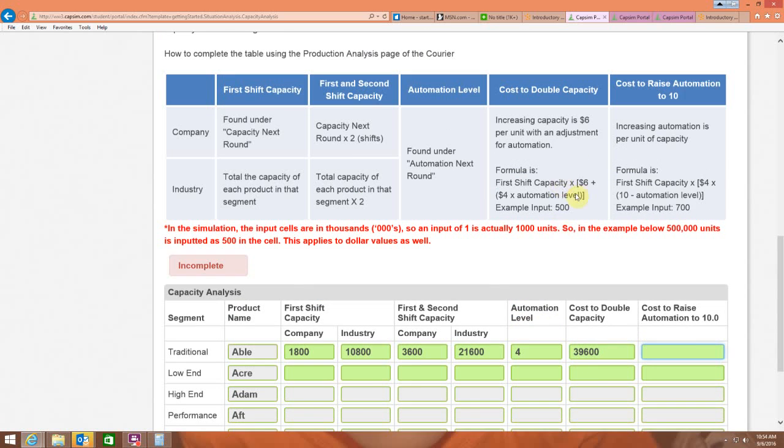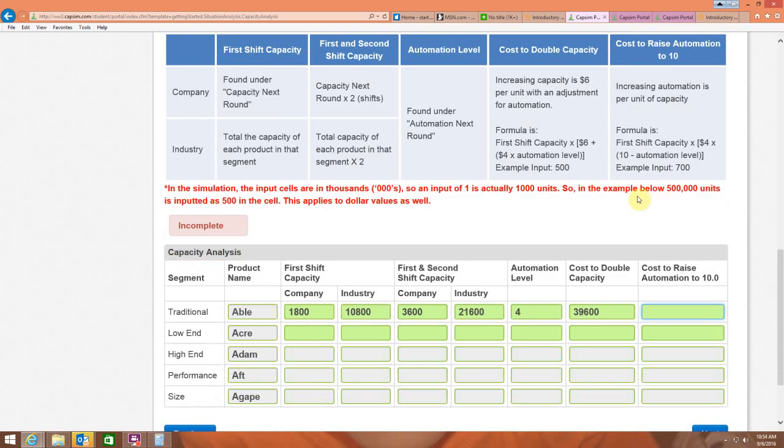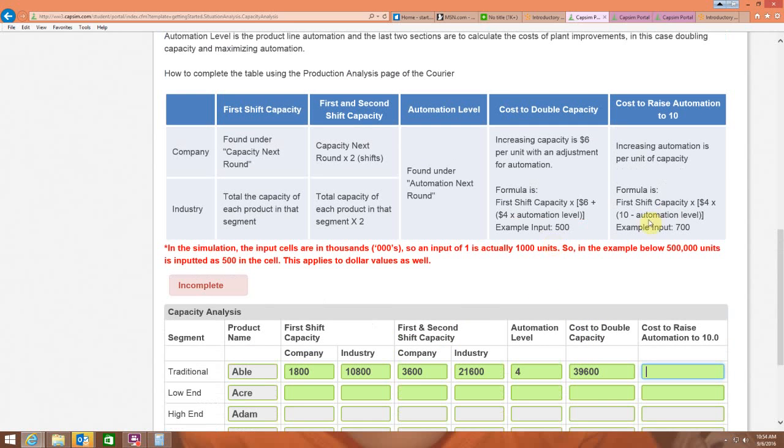Now, if I'm still just thinking about my first shift capacity here, increasing automation is per unit of capacity. So if I were to increase automation, not after I doubled my capacity, but just here at the beginning, my formula is my first shift capacity times $4 times 10 minus my automation level. My automation level is 4, so 10 minus 4 is 6.